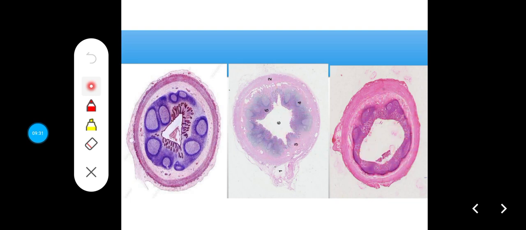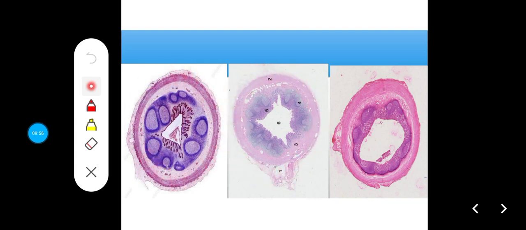So this one too. Look at the mucosa. You can find the finger-like projections, and the epithelium is simple columnar epithelium. Then it also has a similar muscle layer, the inner circular muscle layer and the outer longitudinal muscle layer, and then the serosa, because it is covered by the peritoneum.